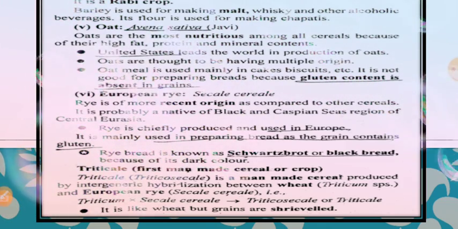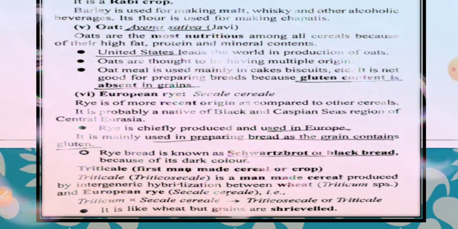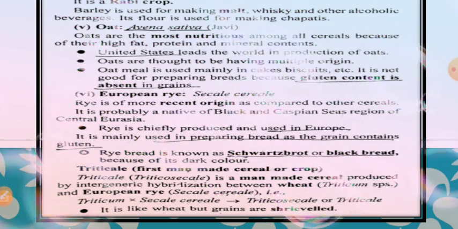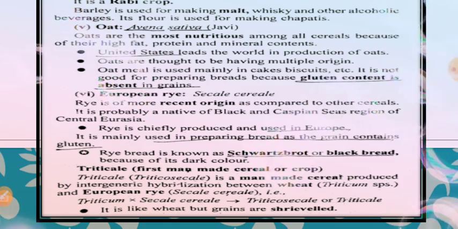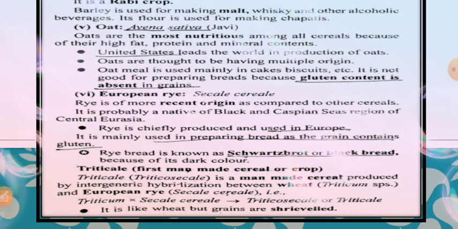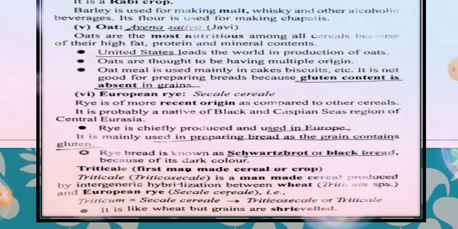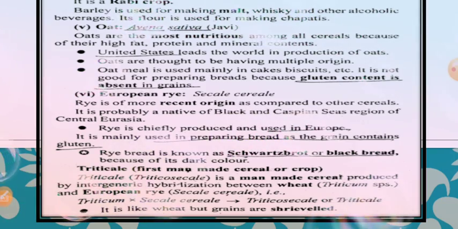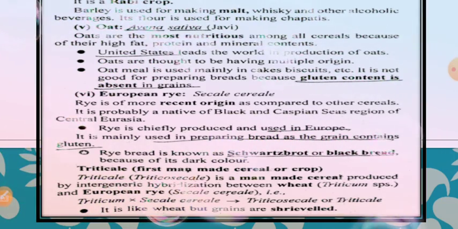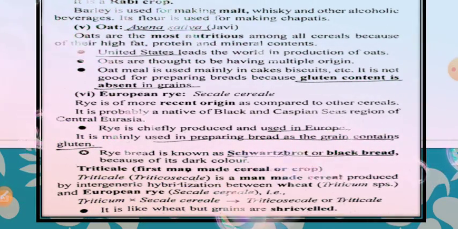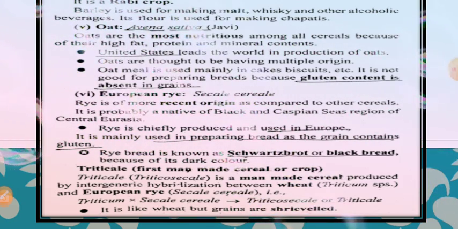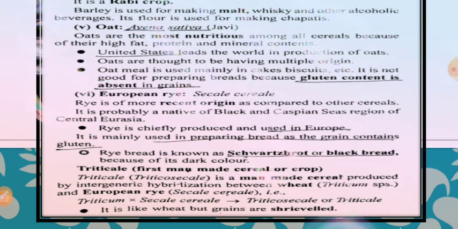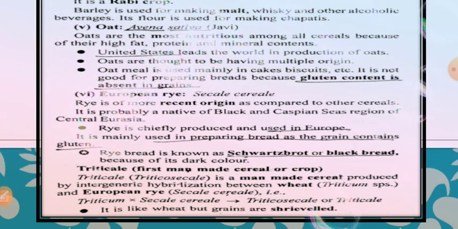So then comes triticale. It is the first man-made cereal or crop. You should know about Triticum aestivum, that is wheat. Then here is the hybridization: triticale means Triticum aestivum plus European rye, that is Secale. This is the mixture of both, and this is the hybrid variety.